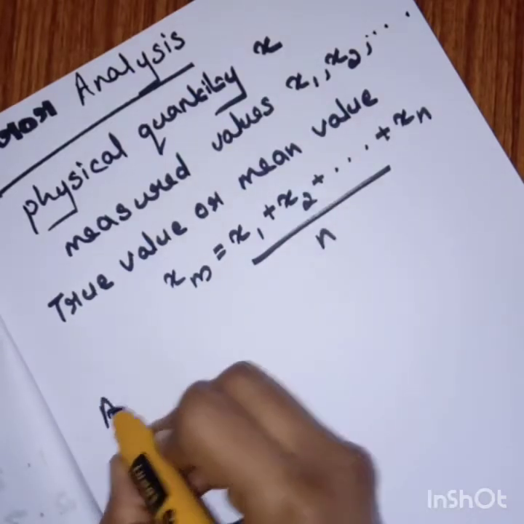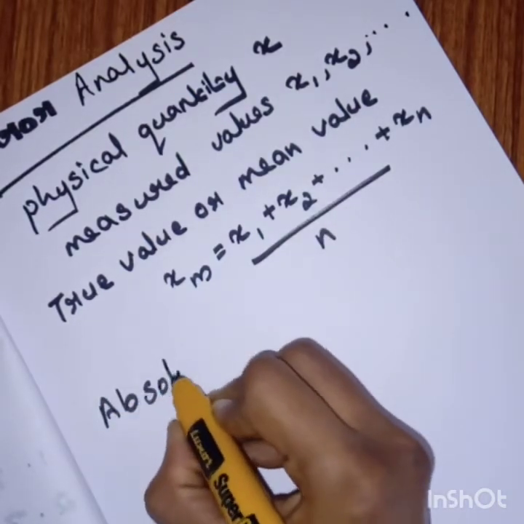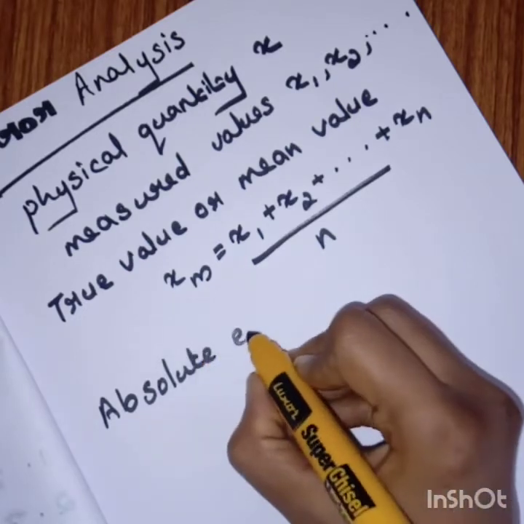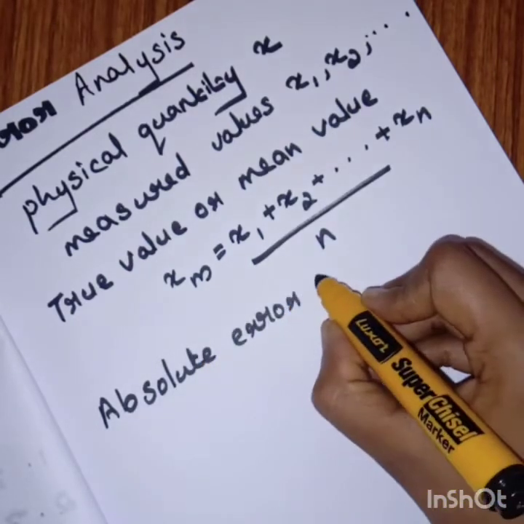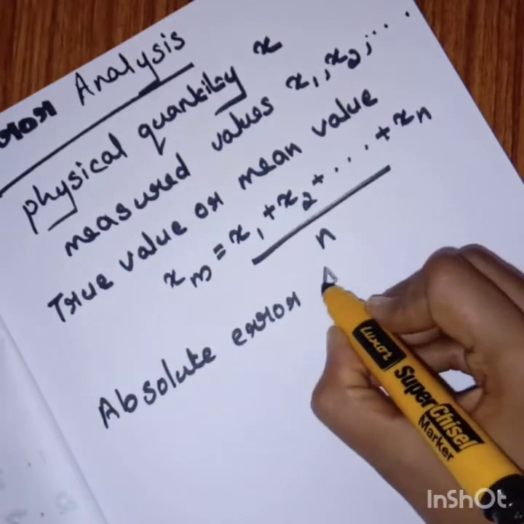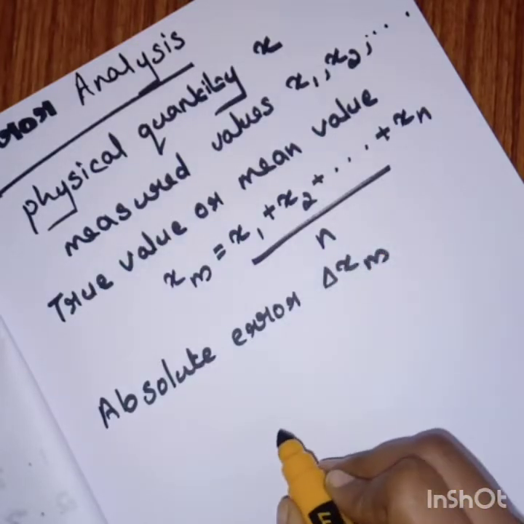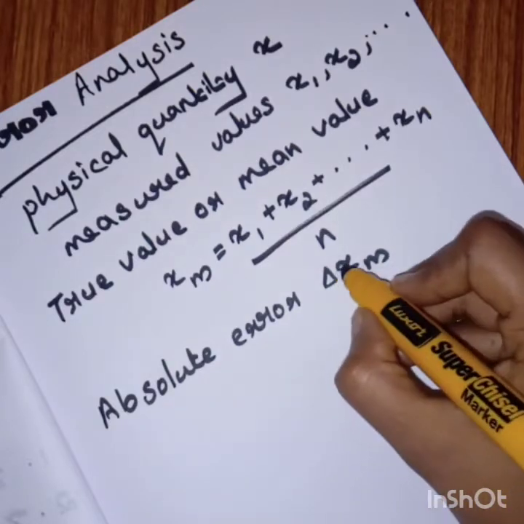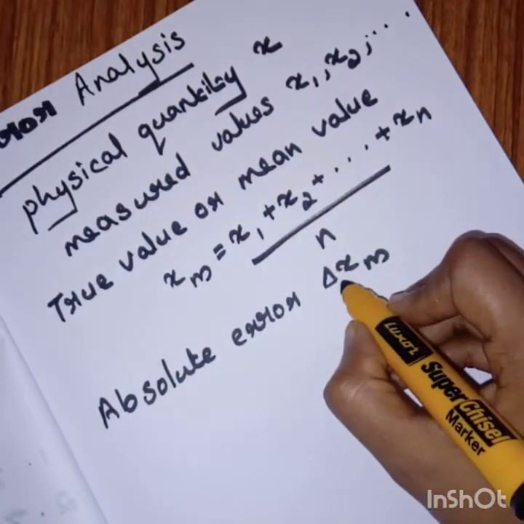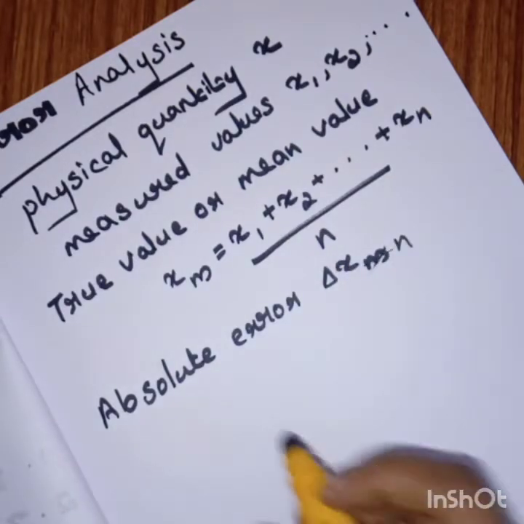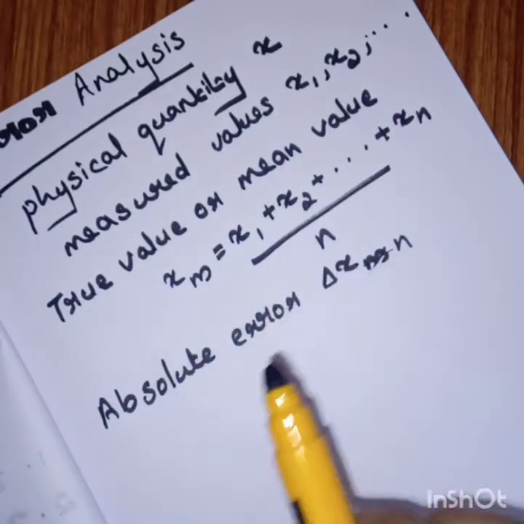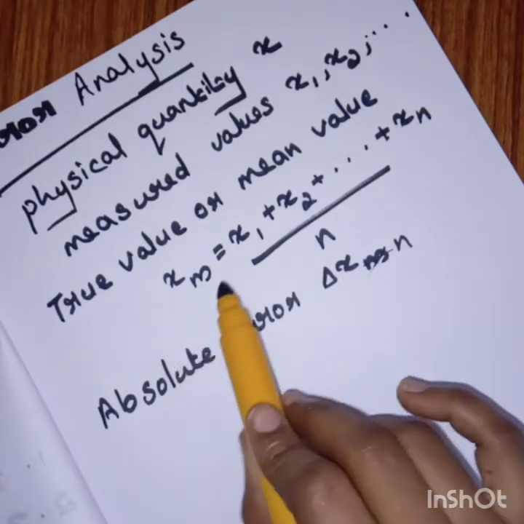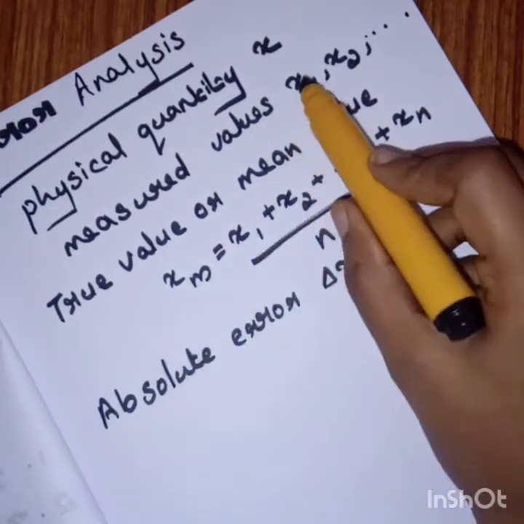Then the absolute error is given by delta xi. The absolute error is the magnitude of the difference between the true value and each value.